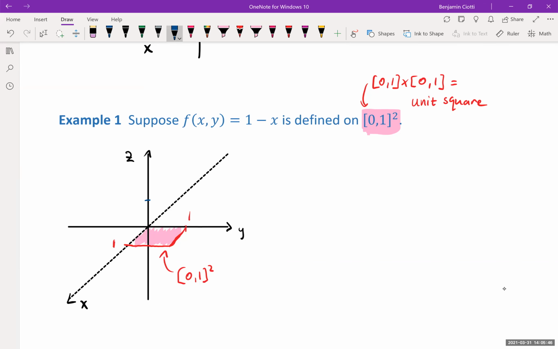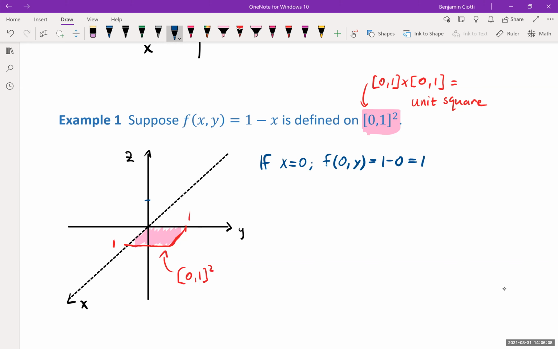We can even figure out what its graph looks like by plotting some points. Notice if x is 0, then no matter what y is, f is 1.